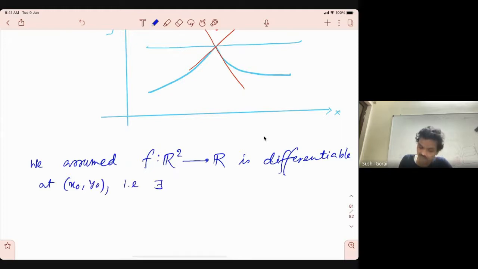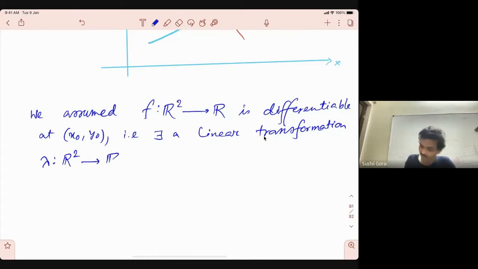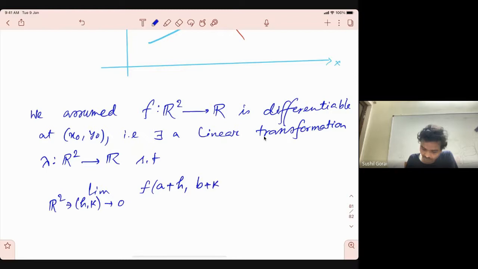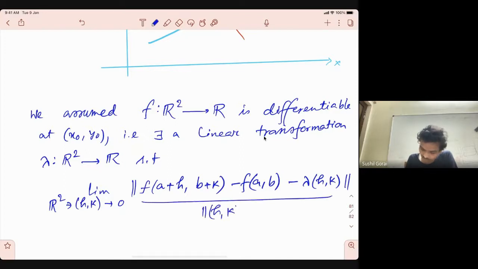That means there exists a linear transformation lambda from R2 to R such that the limit as (h, k) tends to 0, which is in R2, of f of (a, b) plus (h, k), so I could write it to understand better, f of (a plus h, b plus k) minus f of (a, b) minus lambda of (h, k), divided by the norm, which is just the modulus norm of (h, k), is equal to 0, right?